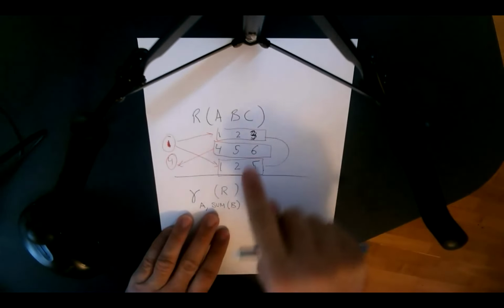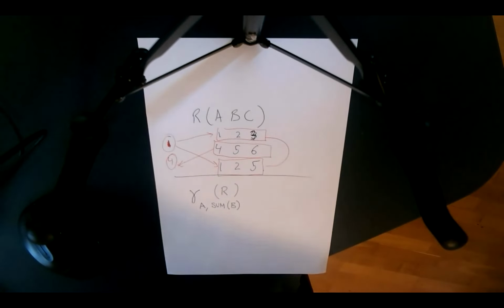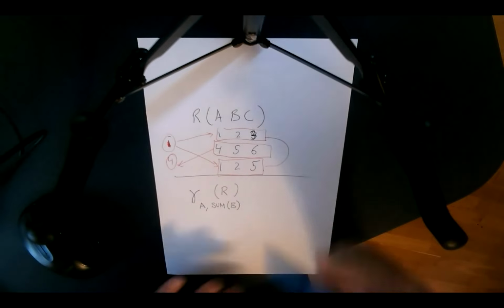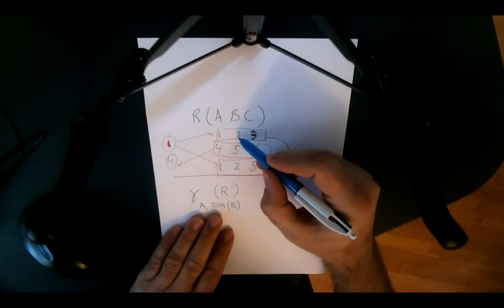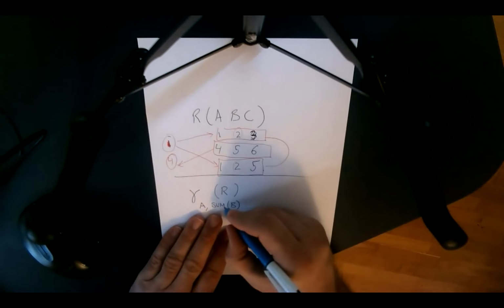Now, what the grouper's done is it's partitioned the table into a whole set of virtual tables, if you will, or groups. So what it's going to do now is say for group number 1, it's going to add B and B. So it's going to equal 4 here, right?